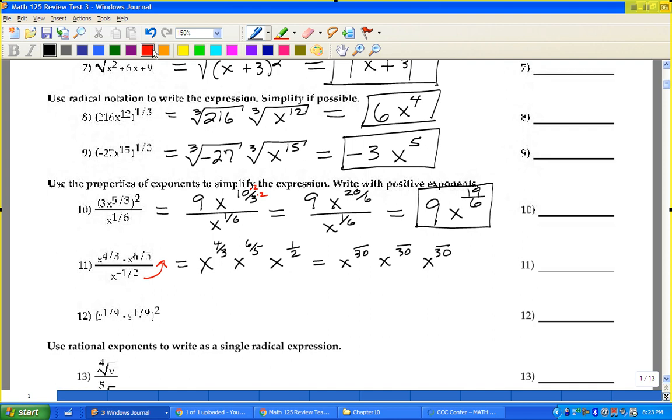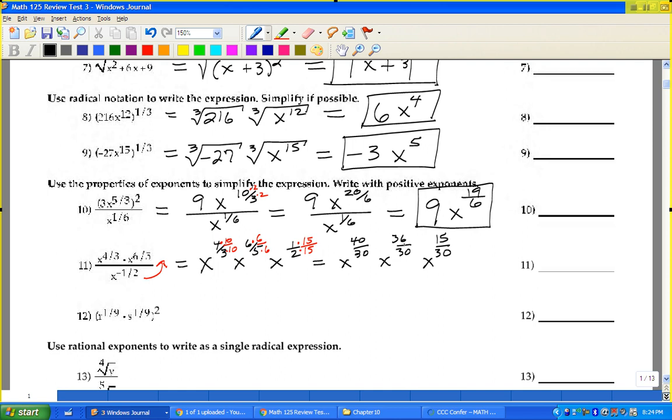Let me multiply and divide by 10, by 6, by 15. And so I get 40 over 30, 36 over 30, and 15 over 30.